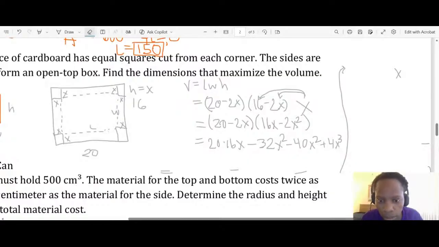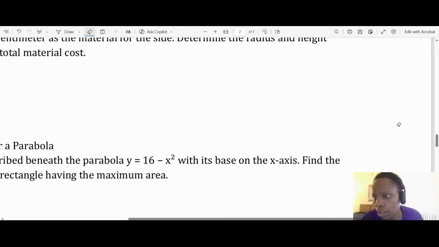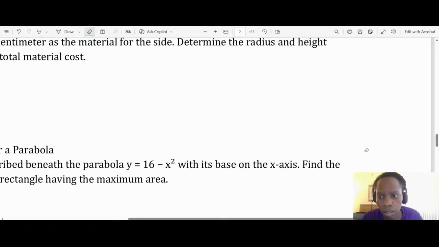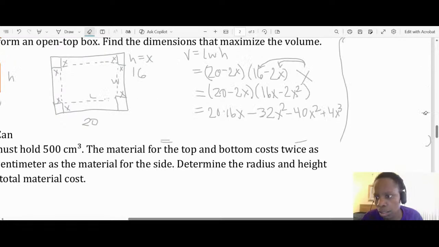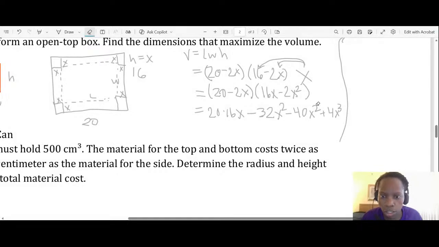That is 320. I was right. Yeah, I was definitely right about that. Just gotta make sure. 320. And then minus 72.